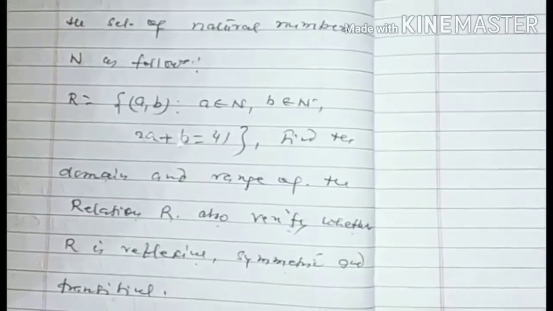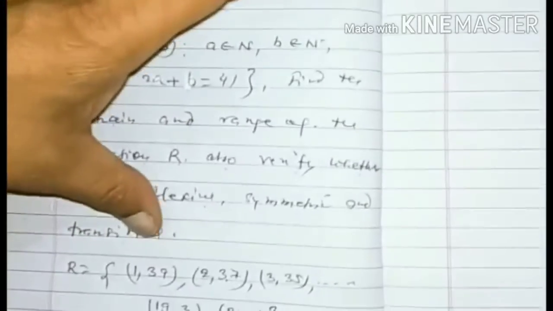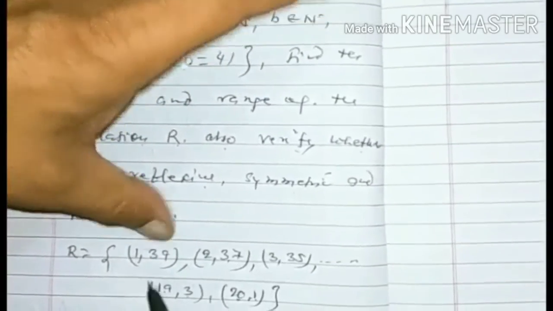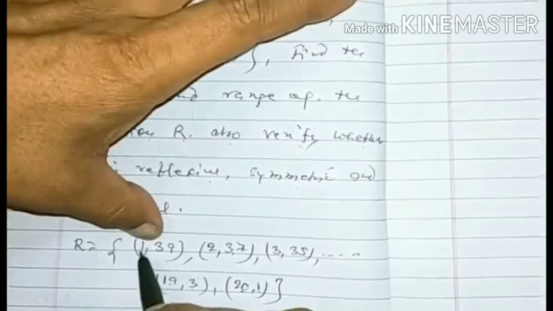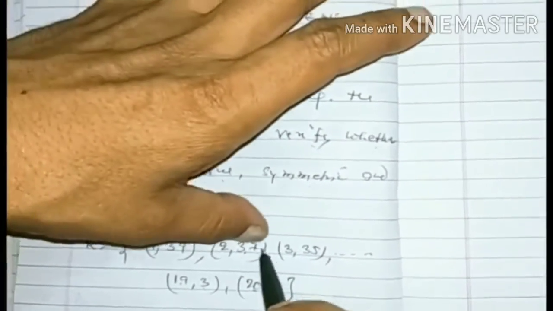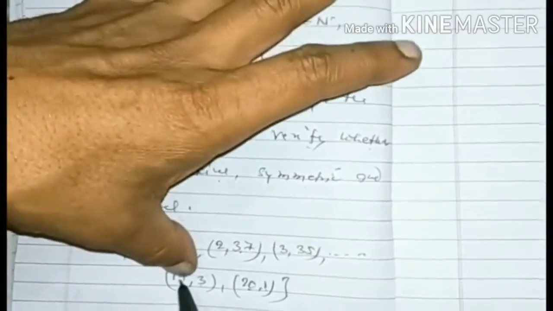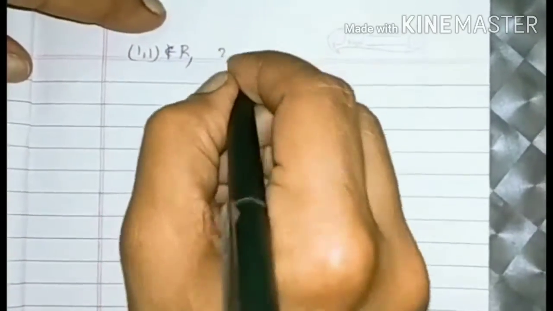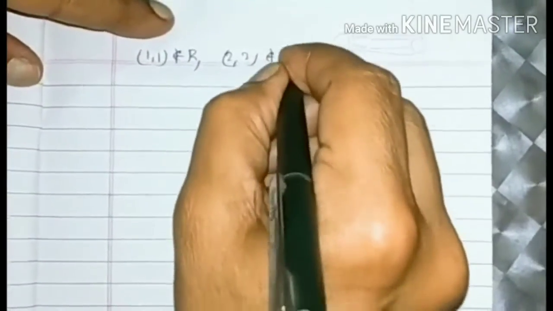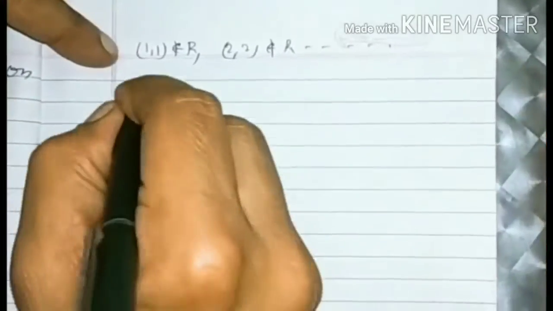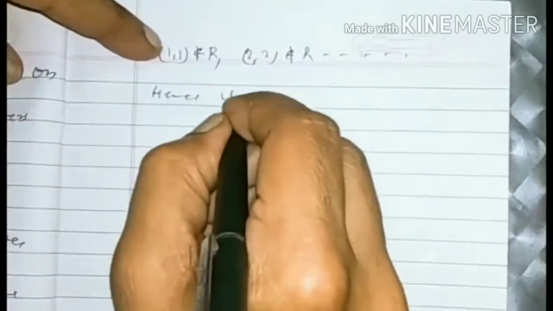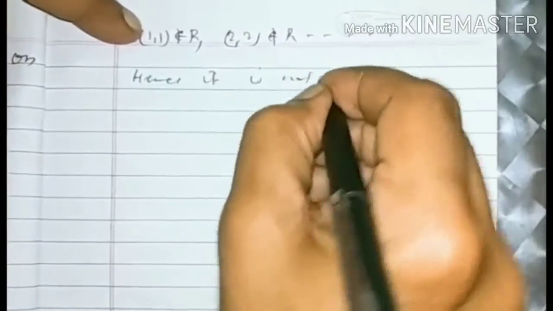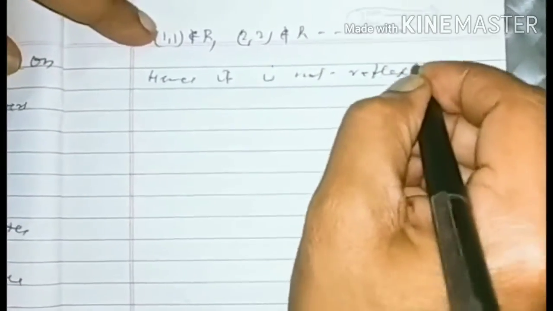First of all, reflexivity. Reflexivity means an element is related to itself, but here we observe 1 is related to 39, 2 is related to 37, 3 is related to 35, 19 is related to 3. It is not possible. Here (1, 1) does not belong to R, (2, 2) does not belong to R, and so on. Hence it is not reflexive.